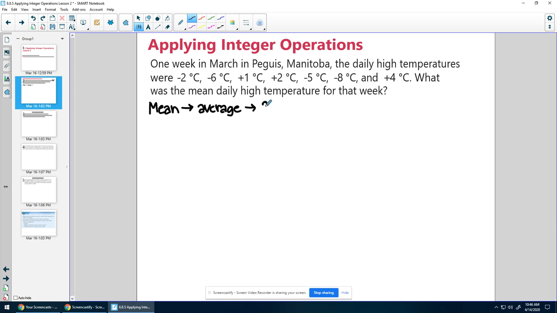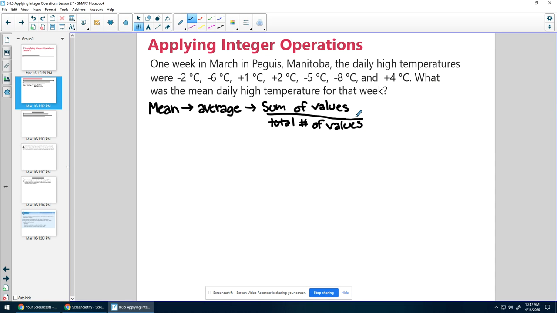We need to get the sum of the values divided by the total number of values.